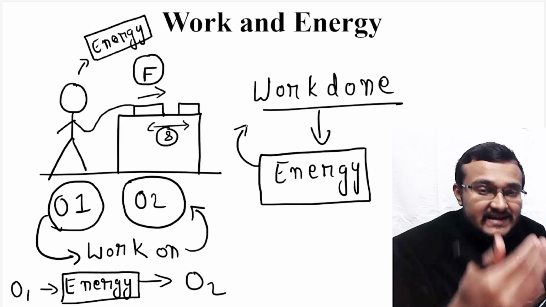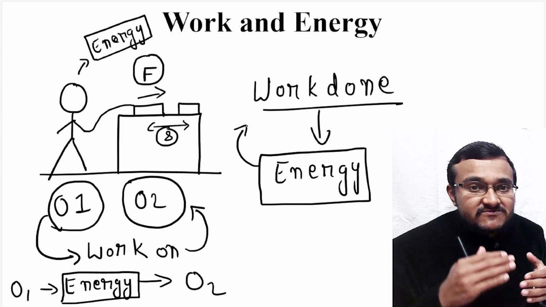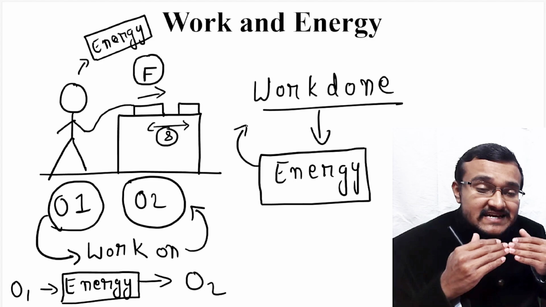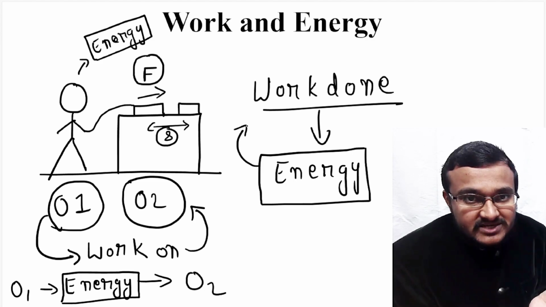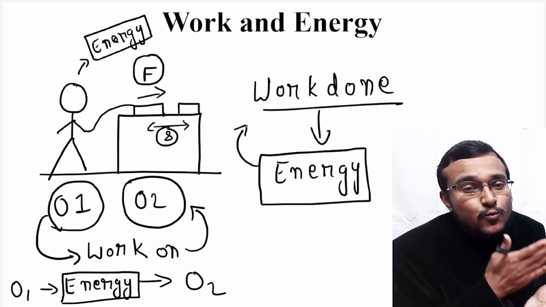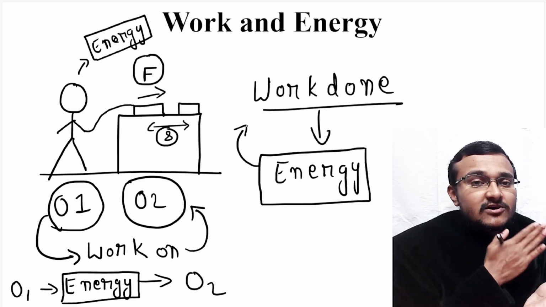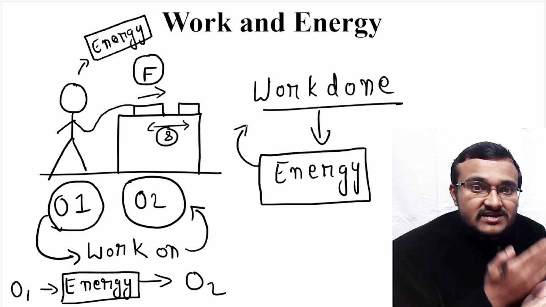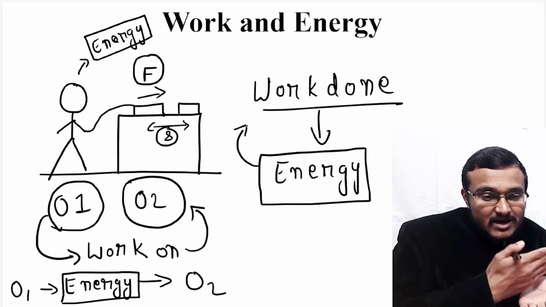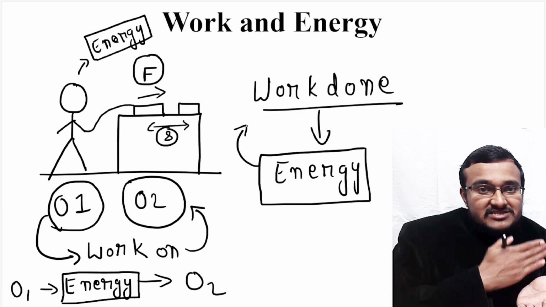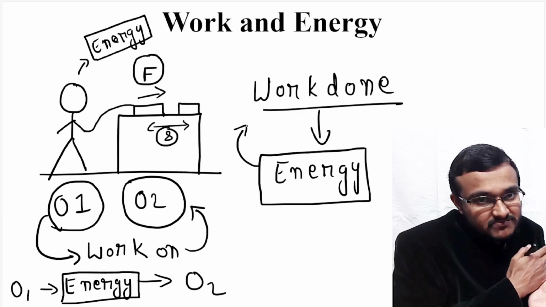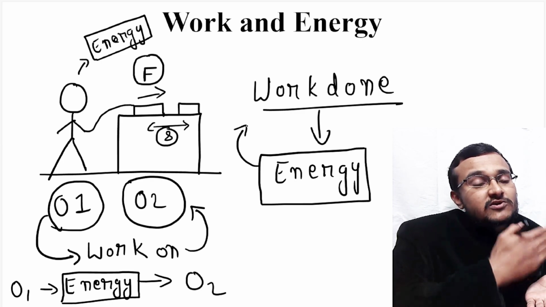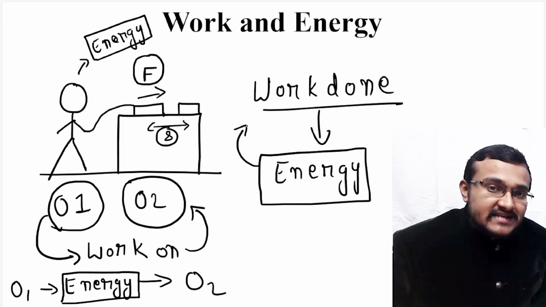So there is interaction of both objects where energy is getting transferred from one object to the other. Work has been done by the first object on the second object. That's why, how much amount of work is done, that much amount of energy is lost by the first object and that much amount of energy is gained by the second object.